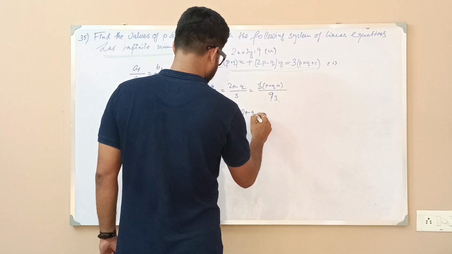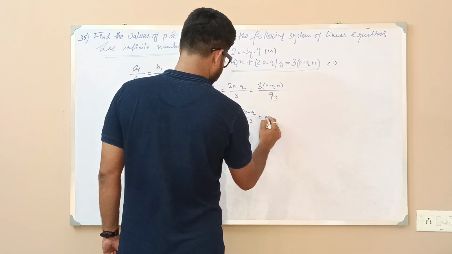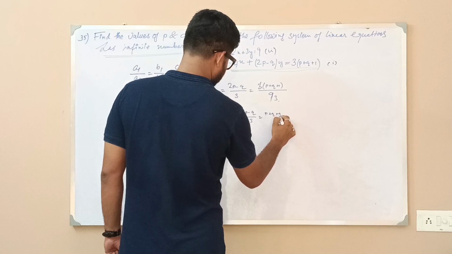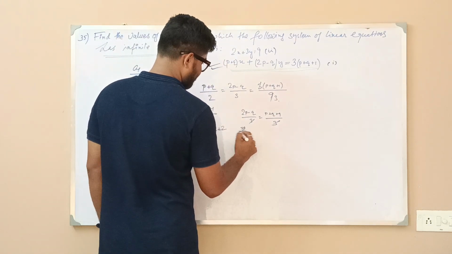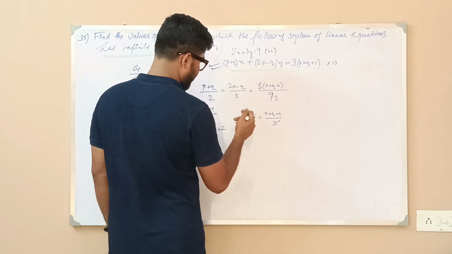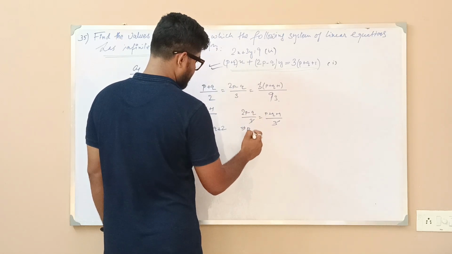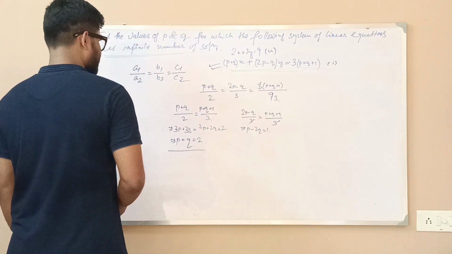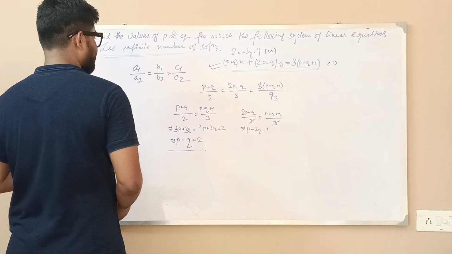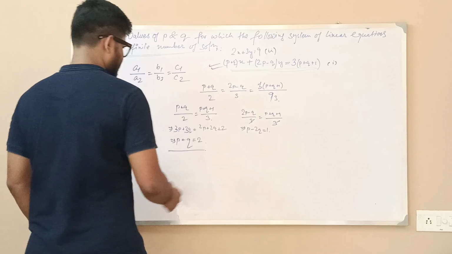And 2P minus Q by 3 equals to P plus Q plus 1 by 3. So 2P minus P will be P minus 2Q equals to 1. So from here we can find the value of P and Q respectively.